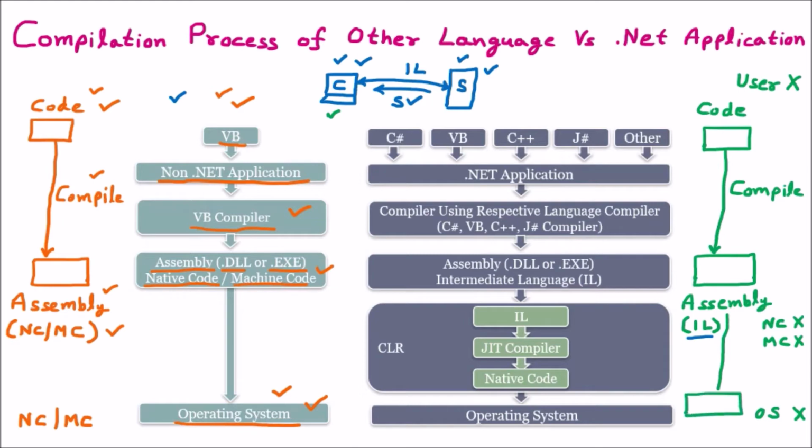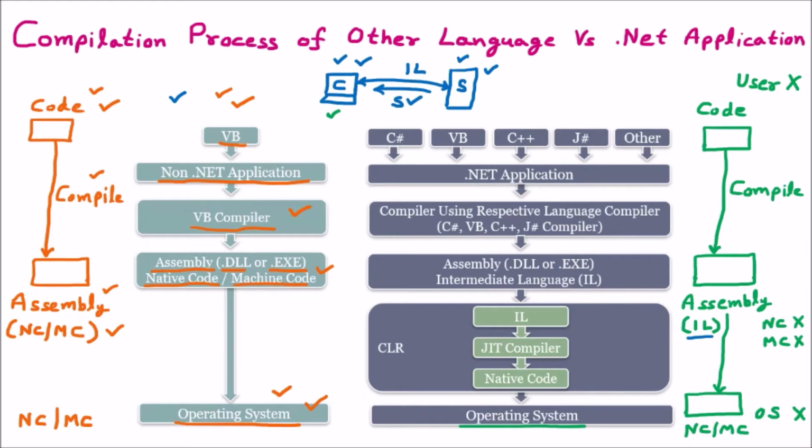So again it is converted. So here the box which I am showing you represents the native code or the machine code. So this one can work on the operating system now, because we know that operating system works on the machine code or the native code. What is that? 0101 language which operating system understands.